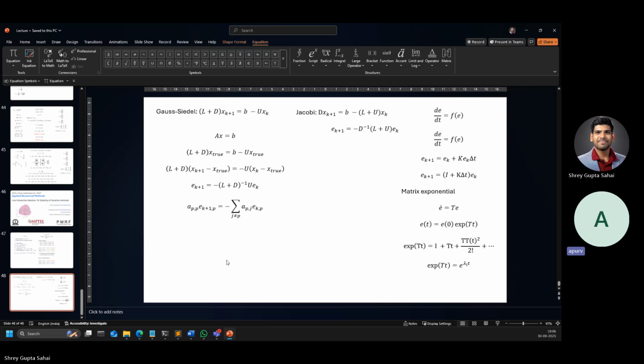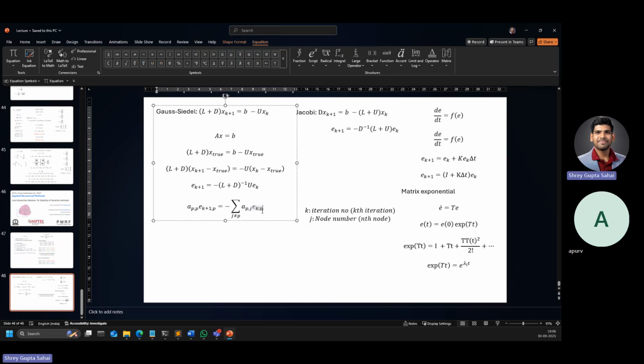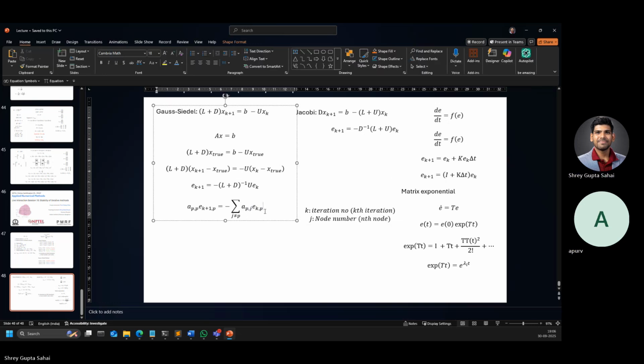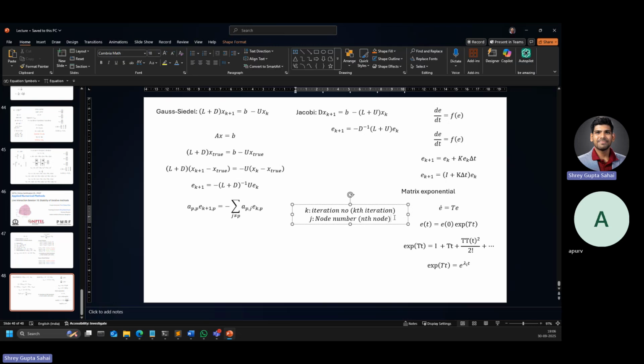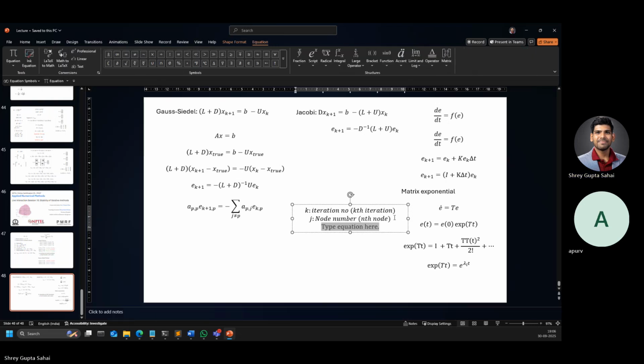We can consider P as one point. Is there any issue there? P is probably one. Let me write that. P is the Pth equation.